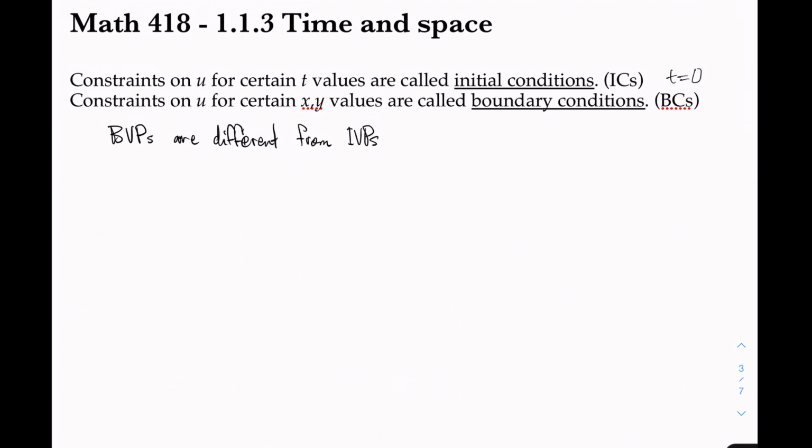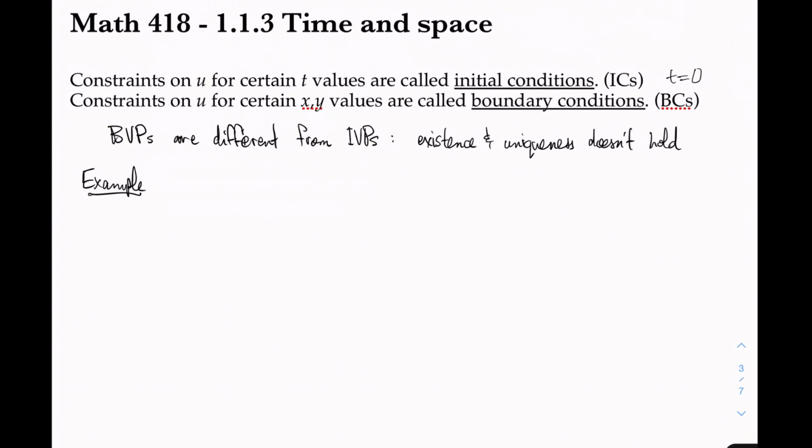For example, the usual existence and uniqueness theorems don't hold. And we'll talk more about that later when we look at these in detail. But for now, let's look at an example of how these conditions work.